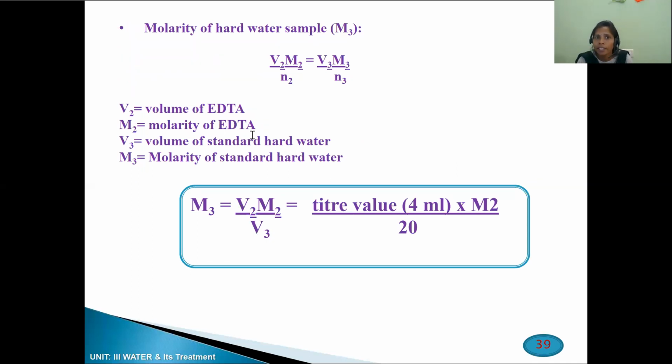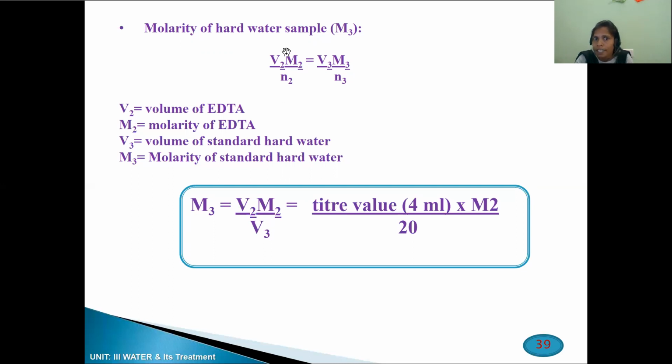By using the molarity of EDTA, we have to find out the hard water sample molarity. That means whatever sample the madam is giving, that sample's hardness you are going to find out here. So the molarity of the hard water sample, we are assuming M3. Now we are using M2V2 by N2 is equals to M3V3 by N3.